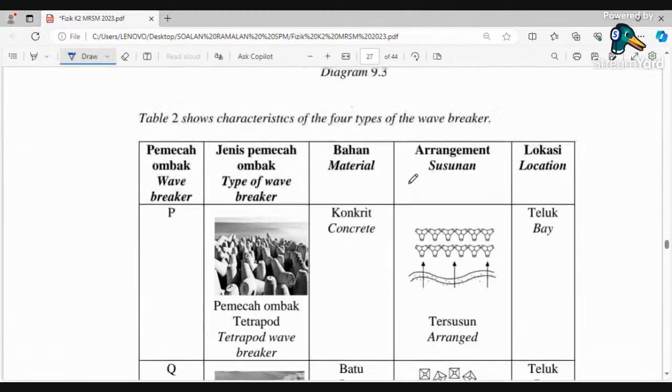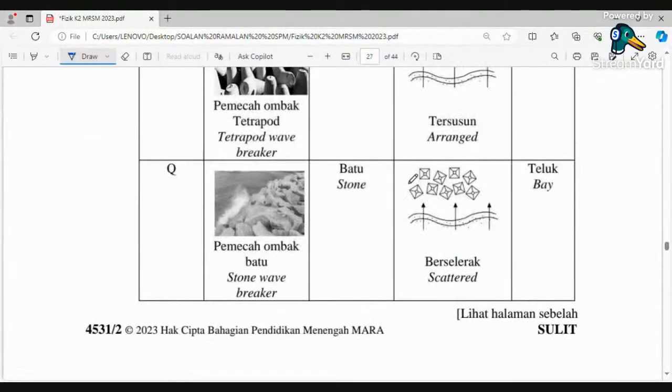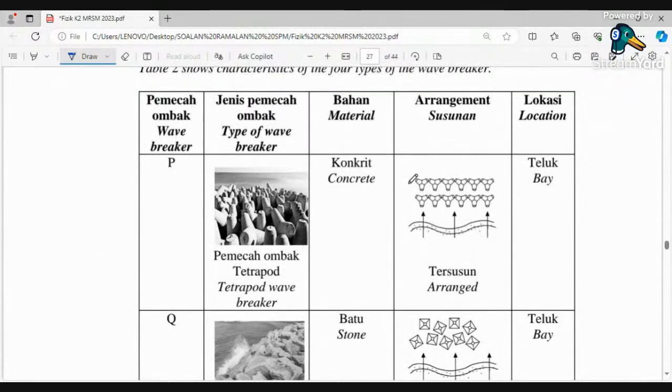Kita ada P, Q, R, S. Okay, kita nak pilih yang mana. You all choose first before answer. Pilih dulu baru answer. Baru tulis jawapan penuh. Okay, type of wave breaker, tetrapod wave breaker. Apa? Okay.